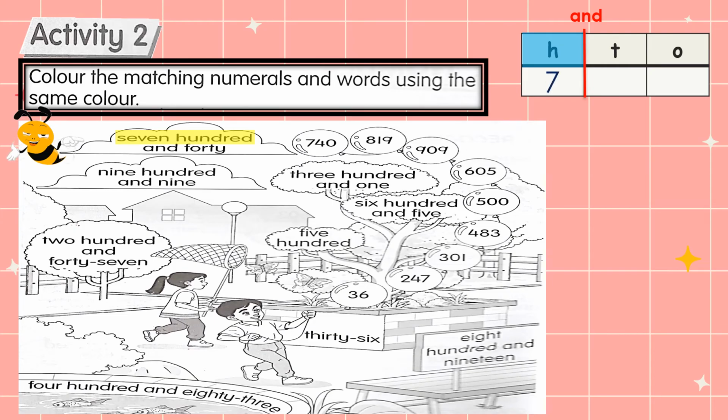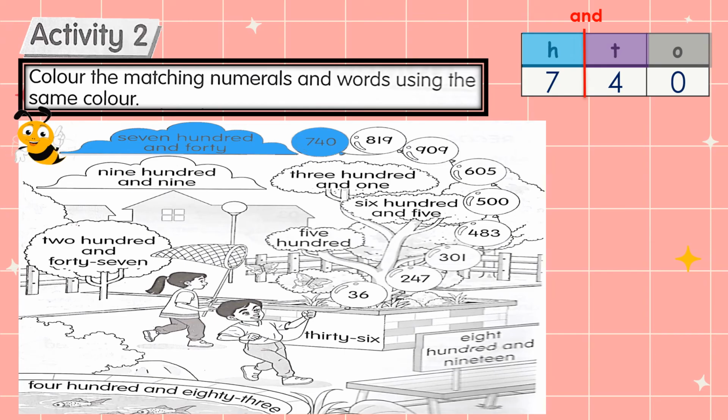For tens and ones place, we look at the word after n. Yes, 40. So we write 4 in tens and 0 in ones. Use the same color. We use blue, so find 740. Yes, this one. For the other numbers, you try to do it yourself and use the same technique.